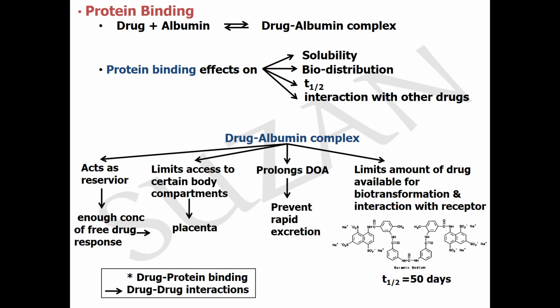Drug protein binding can also affect drug-drug interactions, and the example here is warfarin. These drug-drug interactions result from the ability of certain drugs to displace other drugs from the binding site on albumin. An example is the anticoagulant warfarin. Warfarin usually is bound to albumin and remains in the body in the form of a drug albumin complex.